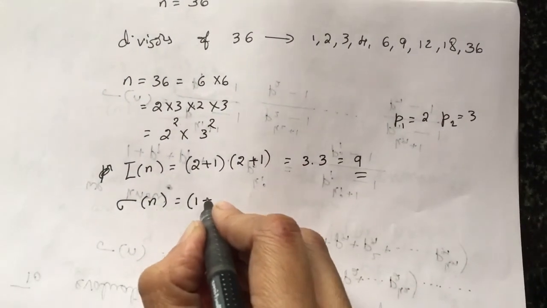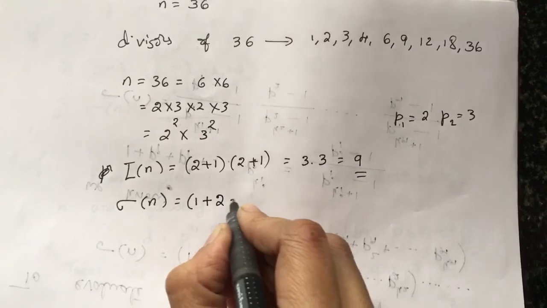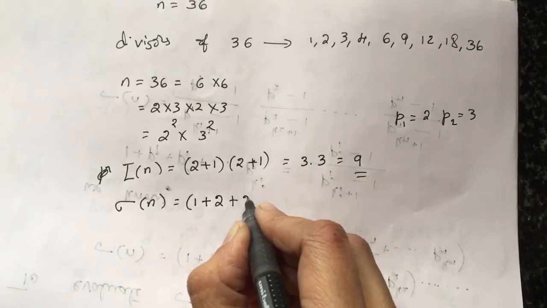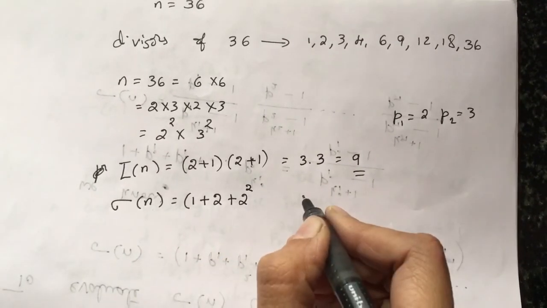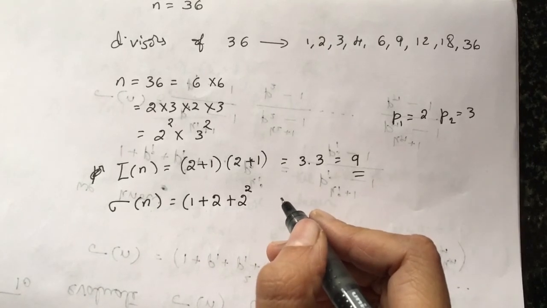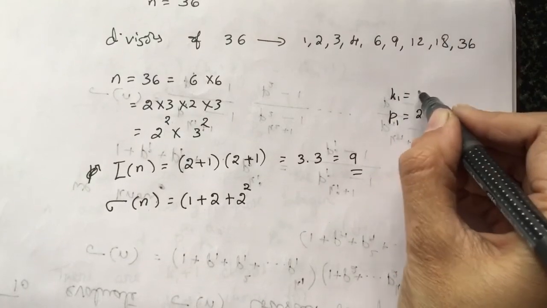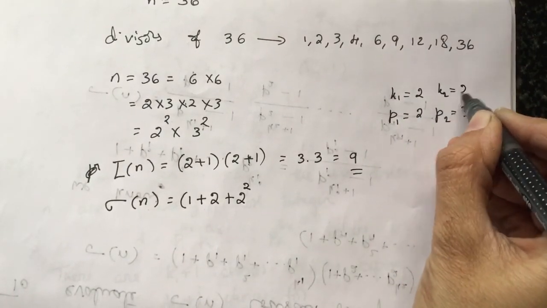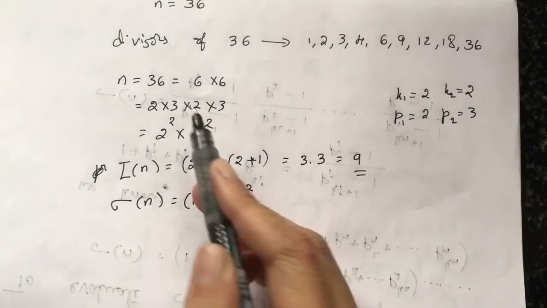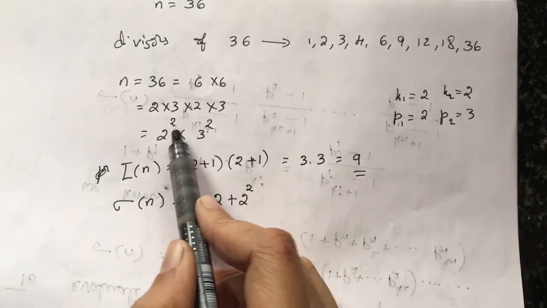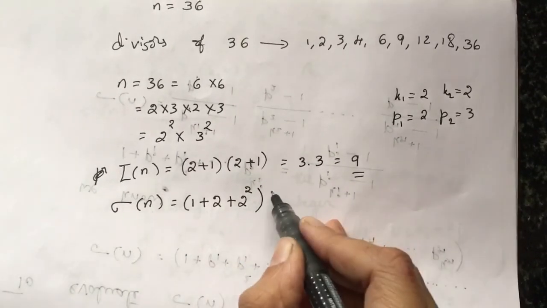So 1 plus p1 plus p1 square up to p1 power k1. k1 is 2 here and k2 is also 2, so I stop at p1 square.